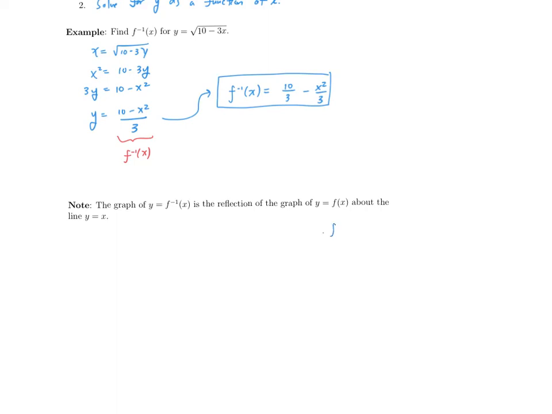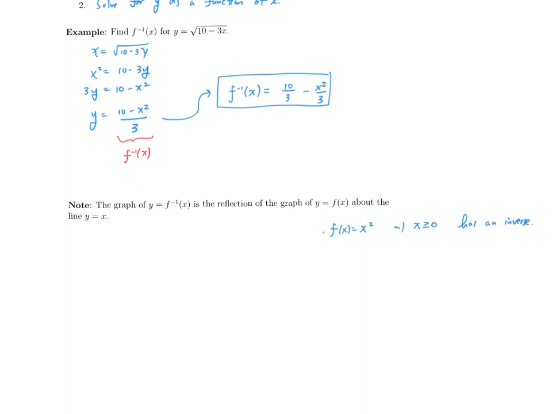The function f of x equals x squared, as we noted previously, does not have an inverse. But f of x equals x squared with the domain sufficiently restricted, let's say for non-negative inputs, x greater than or equal to 0, does have an inverse.